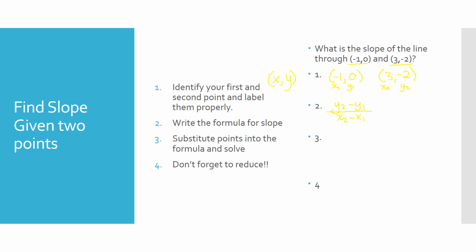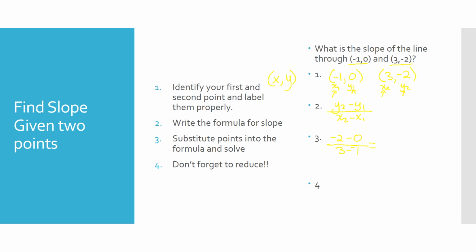Now we're going to substitute these points in. So we have y2, which is -2, minus our y1, which was 0, all over our x2, which is 3, minus our x1, which is -1.